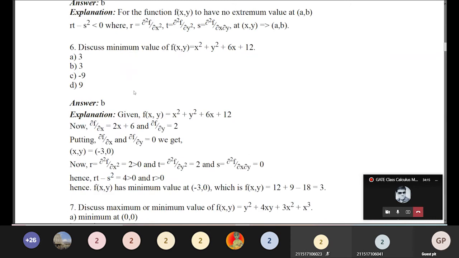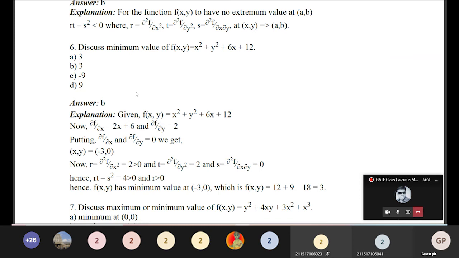Okay, discuss the minimum value of f of x comma y equal to x square plus y square plus 6x plus 12. To find the minimum value, first we have to find dou f by dou x. Dou f by dou x means differentiating with respect to x partially, keeping y as constant.